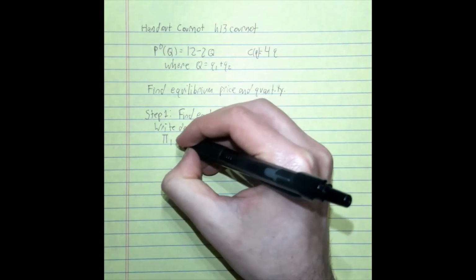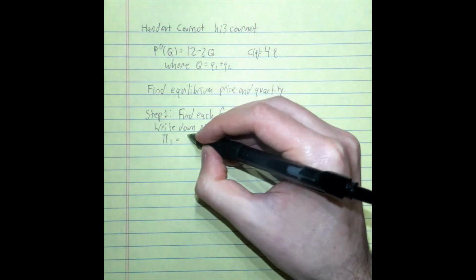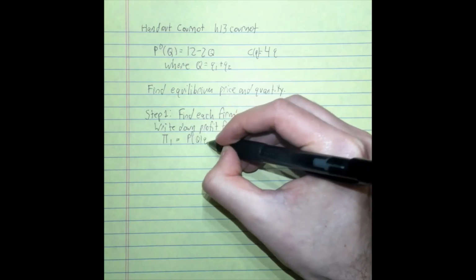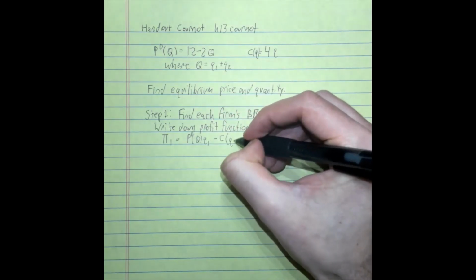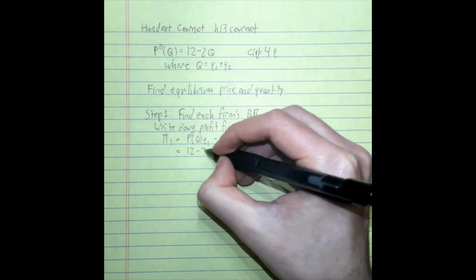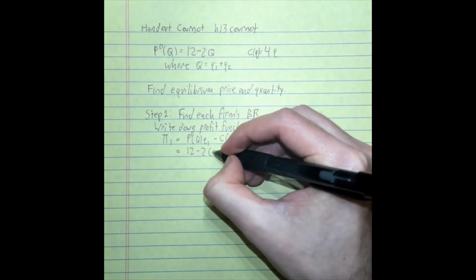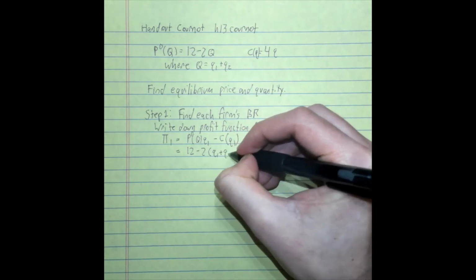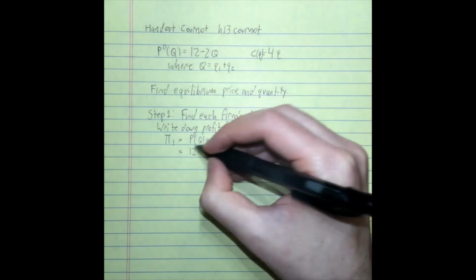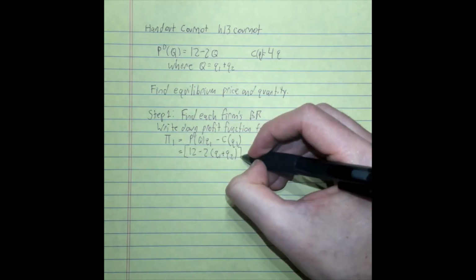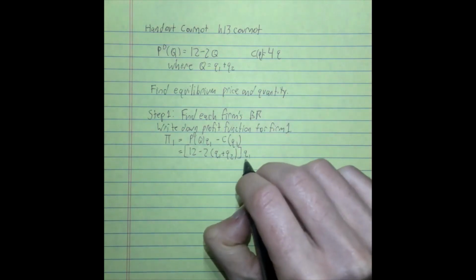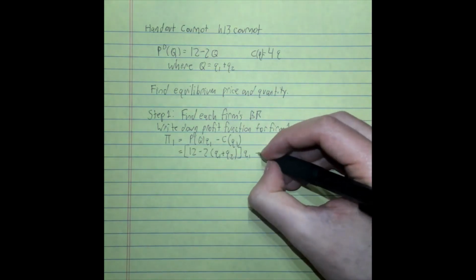Pi 1 is equal to revenue, which is P times Q1, minus C of Q1. In this case that's 12 minus 2 times Q1 plus Q2, skipping a step, but that's just coming from the fact that Q is equal to Q1 plus Q2. All of this in parentheses is multiplied by Q1. So this is the inverse demand curve multiplied by Q1, minus 4Q1.